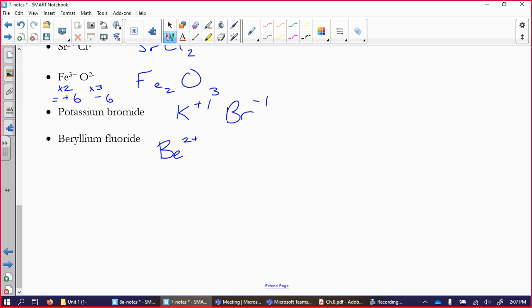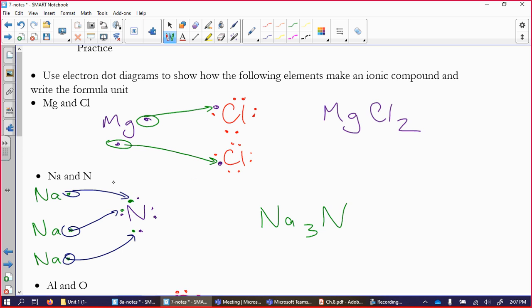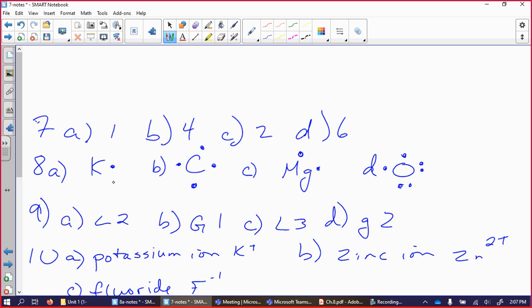Beryllium becomes 2 plus because it's in the second group. Fluoride becomes minus 1, so we need 2 of those, so our formula is BeF2. And fundamentally, that's naming and writing formulas for ionic compounds in chapter 9. And I think that's really where we finished that.